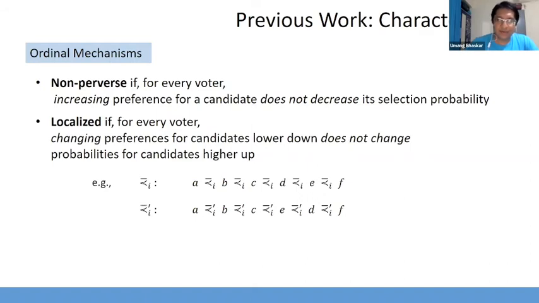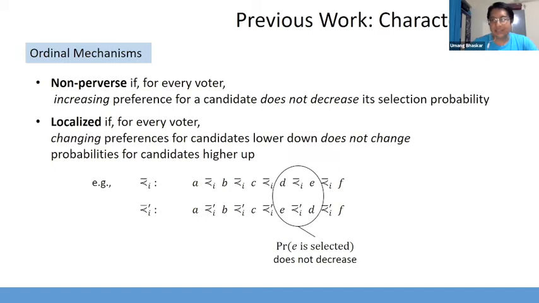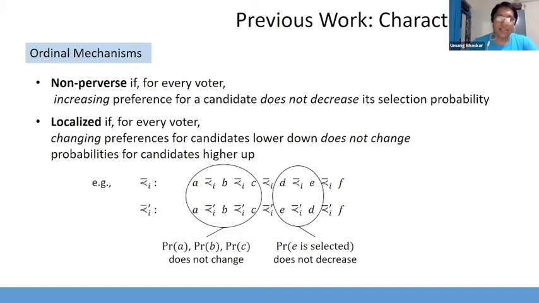Here are two preference orders. The second one switches the position of D and E. Non-perverse means that because E goes up in the preference order, its probability of selection cannot decrease. Localized means that because D and E are still below A, B, and C, the probability of selection of A, B, and C does not change. So this is what I mean by non-perverse and localized.